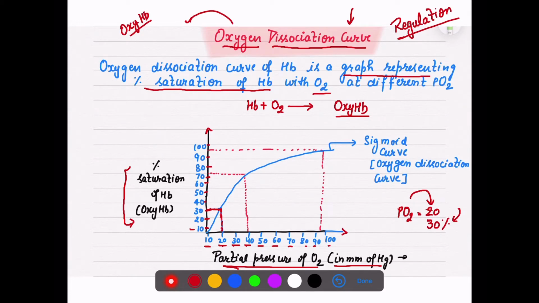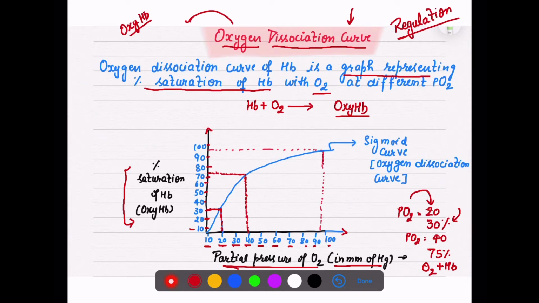Clear? Next, if the partial pressure of oxygen is 40, then 70% of hemoglobin is going to combine with oxygen, means hemoglobin will carry 70% of oxygen if partial pressure is 40.